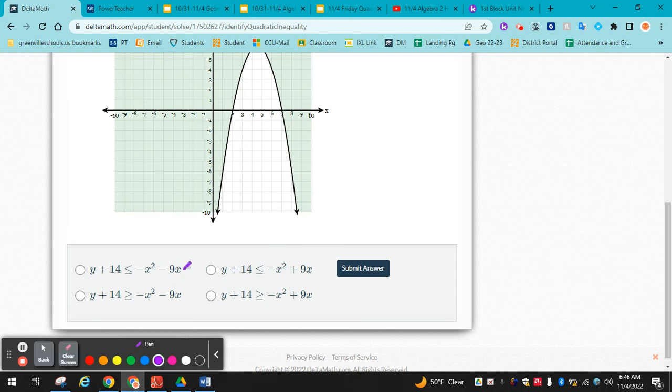All right, so we're gonna imagine all the negative 14s over here. Not think about them over here. So its x-intercepts are, where are they? Because look, we have a negative 9x and a positive 9x. So I'm gonna factor.